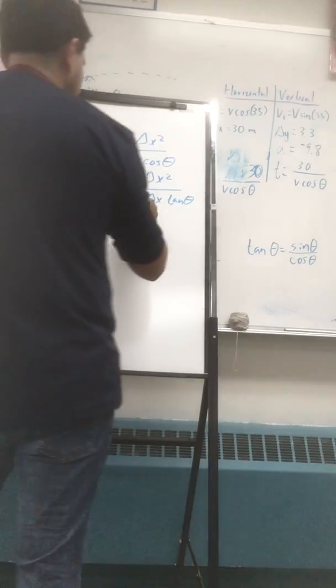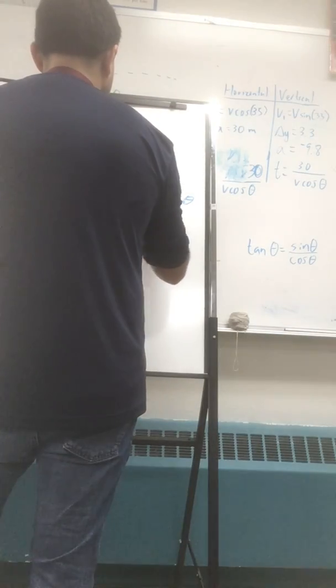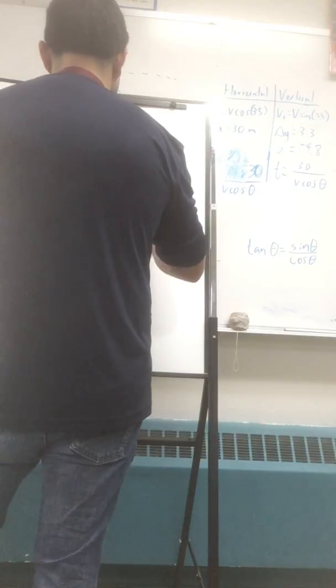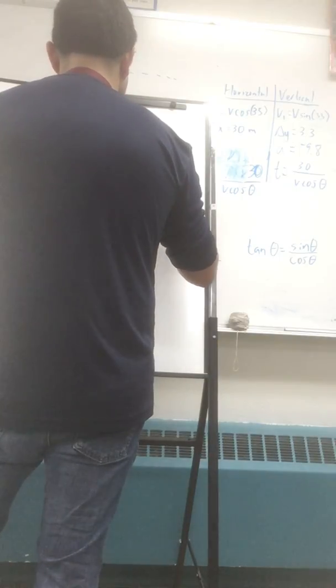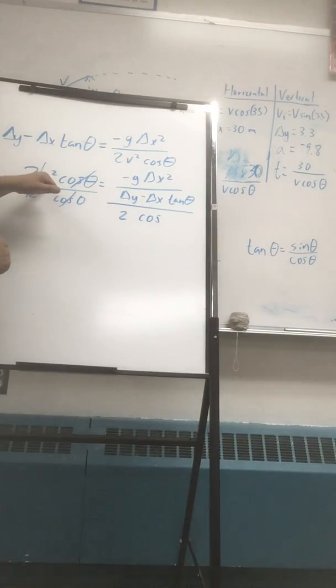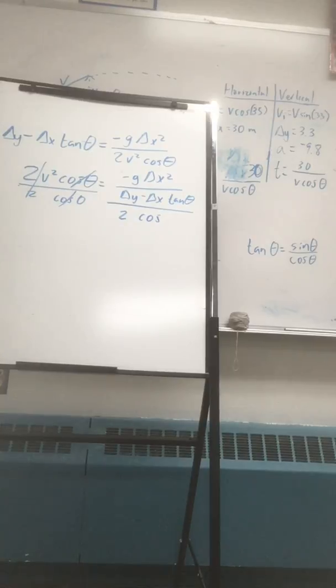This cancels out, and this becomes 2 over cosine, and I have a square root left, so I'm going to plug that in.